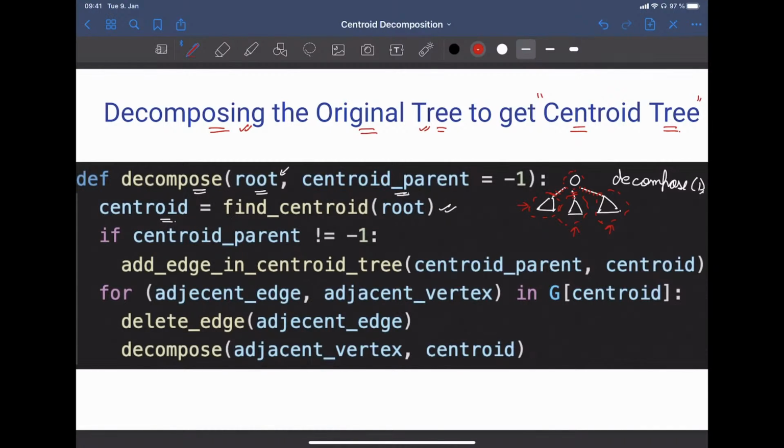What you do is you attach the centroid tree returned by this subtree here. This was the centroid C of the original tree.